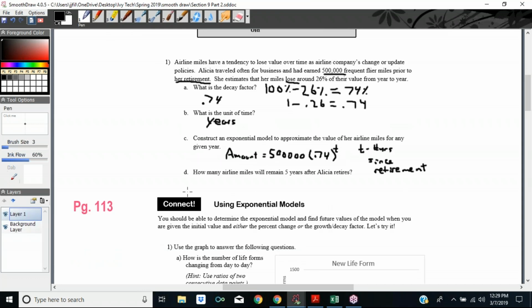Let's see. The amount, 500,000, times 0.74 to the 5th power.